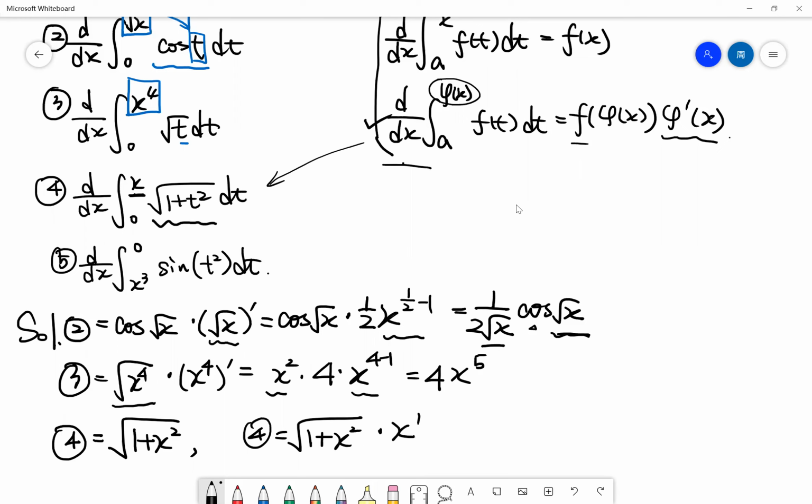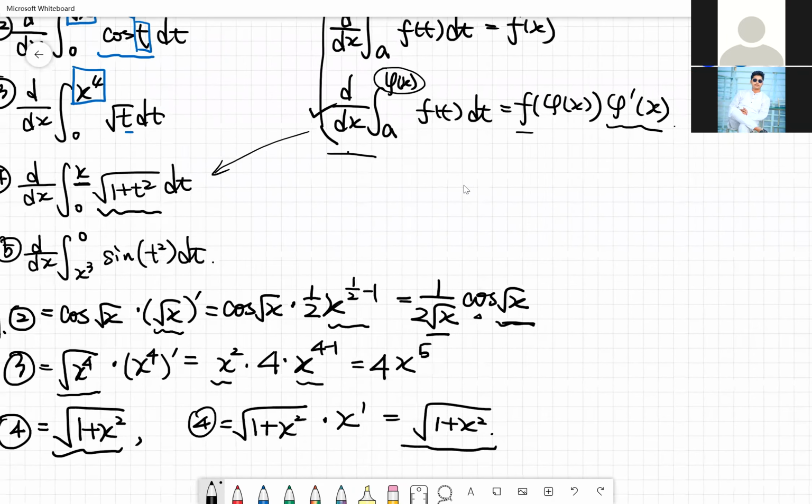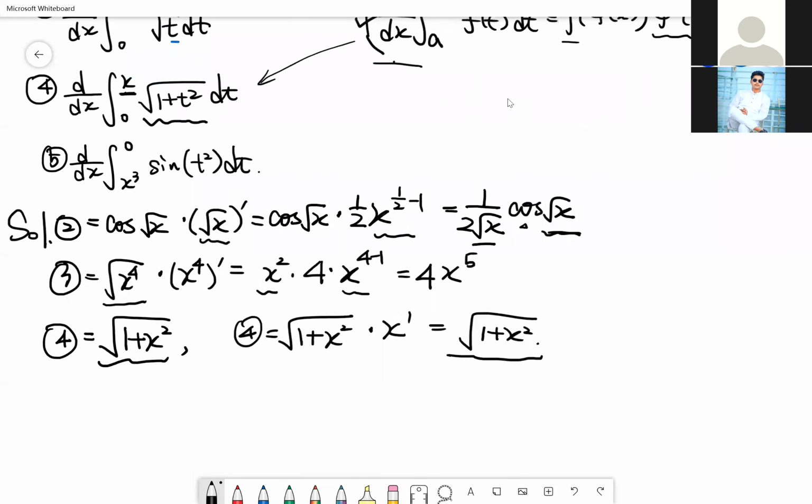Upper limit prime. And x prime equals 1. So that equals square root of 1 plus x squared here. So it has the same result. So you can use number 2. You can remember number 2. That is enough for these kinds of questions.